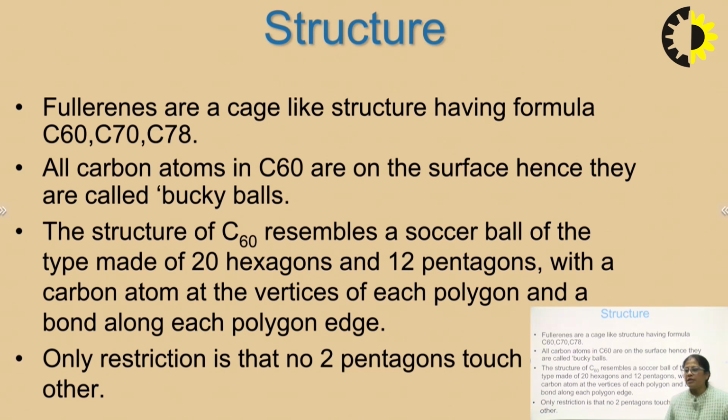The structure of C60 also resembles that of a soccer ball, and it consists of 20 hexagons and 12 pentagons, with a carbon atom present at each vertex of the polygon and a bond along each polygon edge. The only restriction in the structure is that two pentagons cannot touch each other. They should not share a single side.